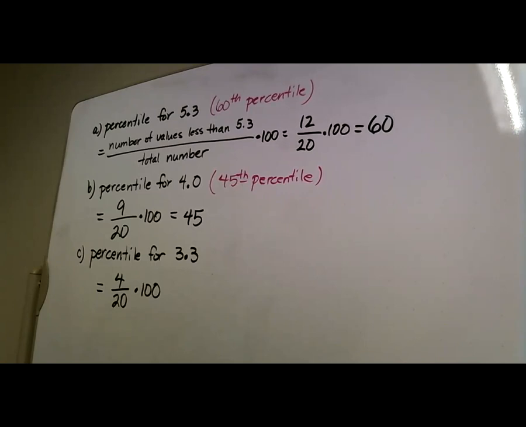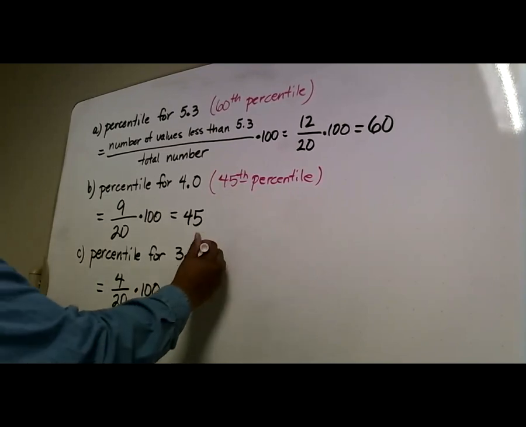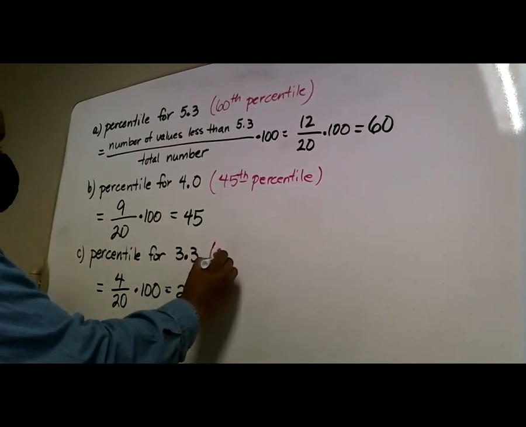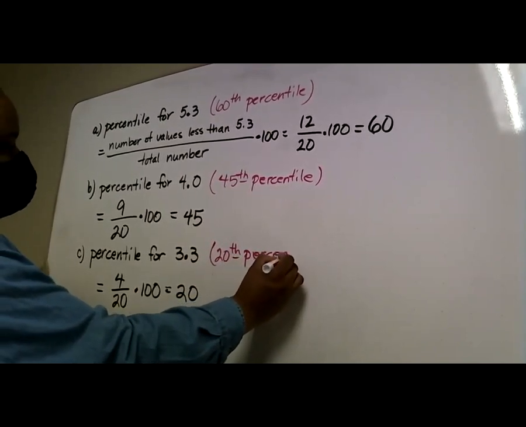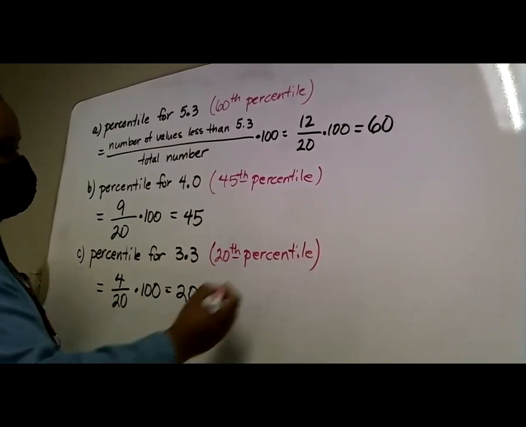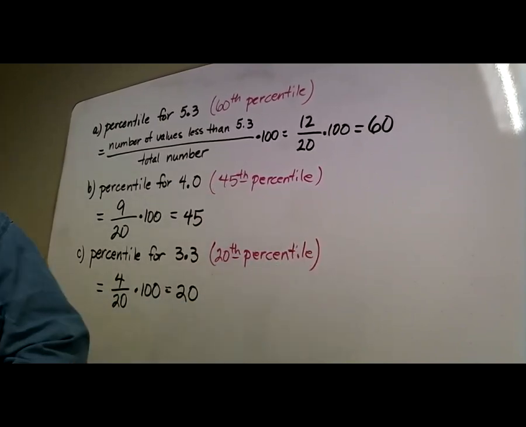That's going to be how much? That'll be 20. So 3.3 is ranked as the 20th percentile. So 20% of the costs for printing 1 page of text are going to be less than 3.3.